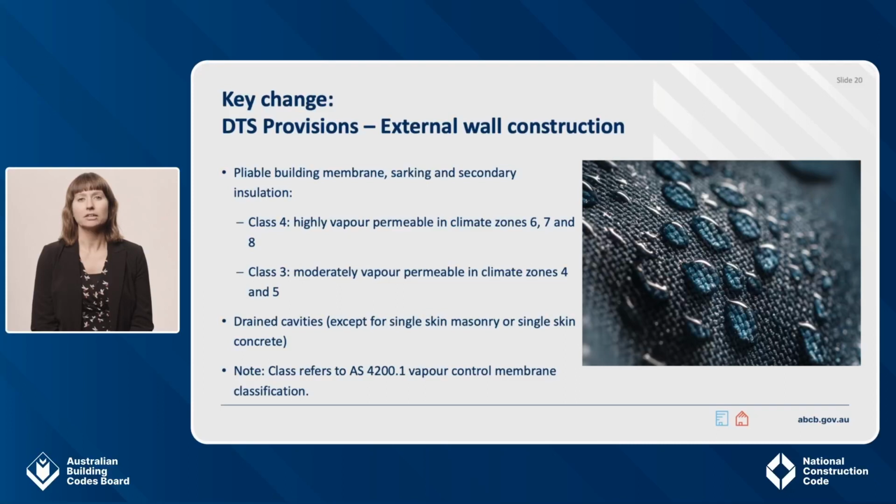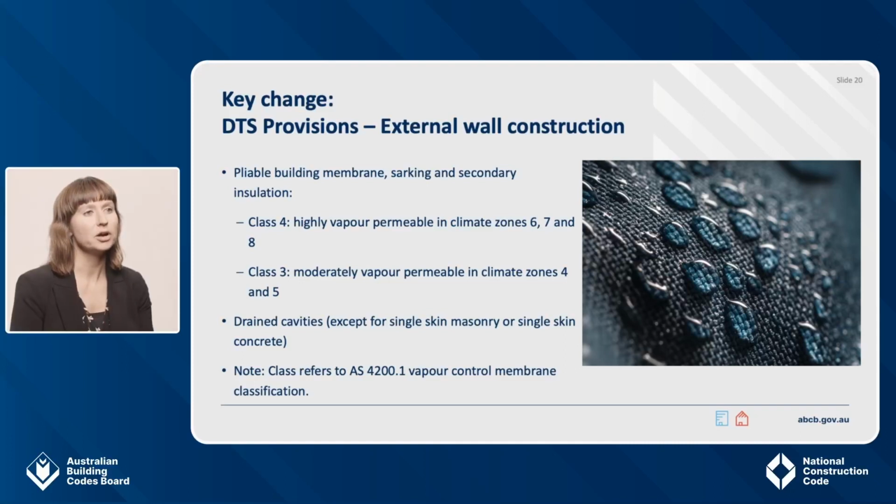It needs to be highly vapour permeable. In climate zones 4 and 5, these layers must at least be as permeable as a Class 3 vapour control membrane. This means it needs to be moderately vapour permeable. There are no vapour permeability requirements for climate zones 1 to 3.